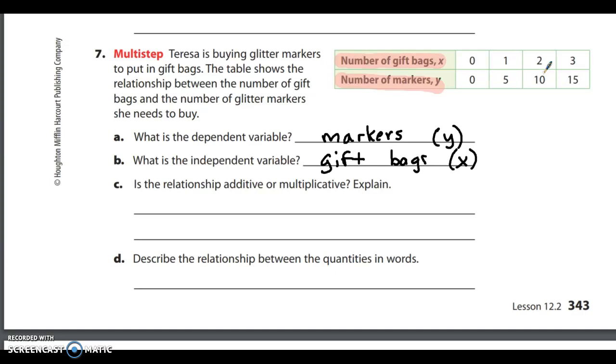Or is it multiplicative? Are we multiplying? 1 times 5 is 5, and 2 times 5 is 10, and 3 times 5 is 15. What if I put a 4 here? Could you figure out this missing number? You could. You'd say it's 20. And you'd say that because you multiplied, which means it's multiplicative.